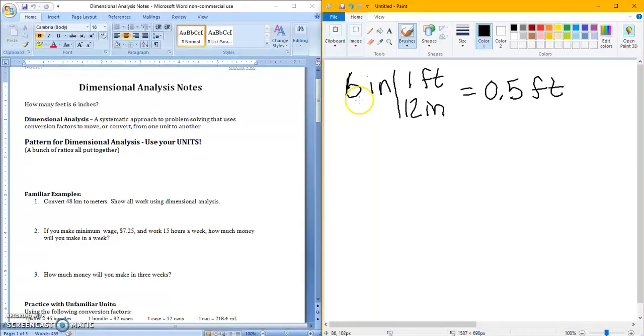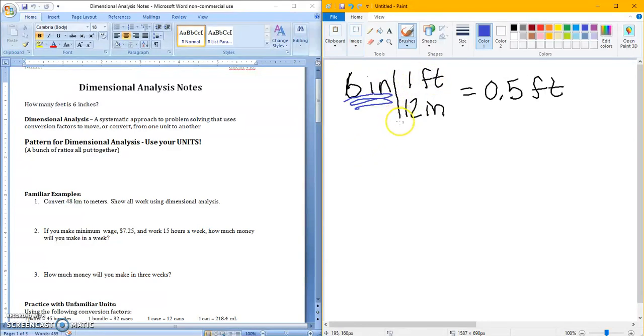So as we did before, we have 6 inches and I want to get it into feet. That's my question. So I know that there are 12 inches in 1 foot. And by knowing this, I can change it into a completely different unit. So what I want you to recognize here is when you start with dimensional analysis, you start with the initial measurement that you are trying to change.